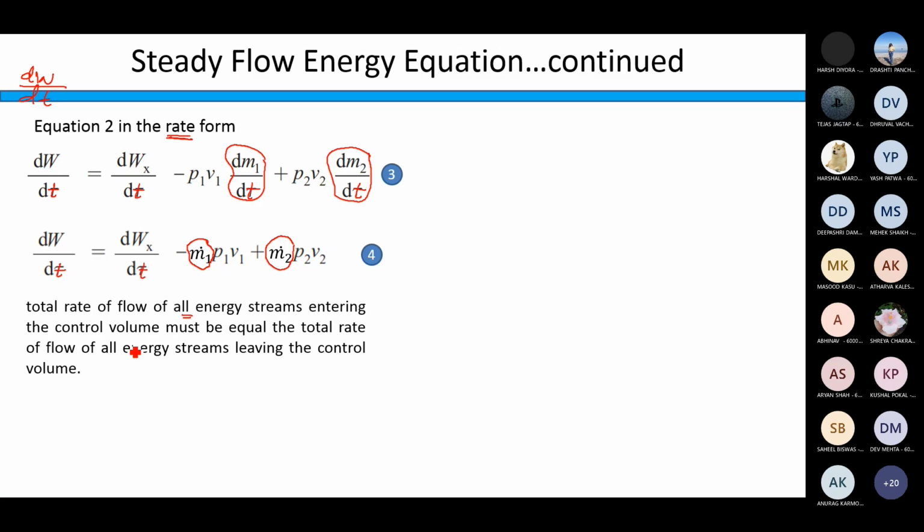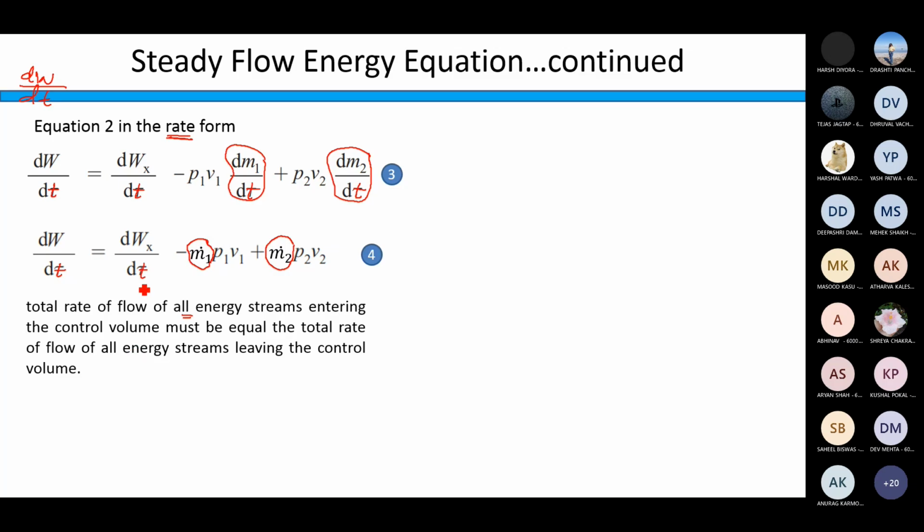Whatever the form by which the energy is entering the control volume, at the same rate the energy is going out of the control volume also. So these two rates are balanced: the energy inlet rate as well as the energy outlet rate.